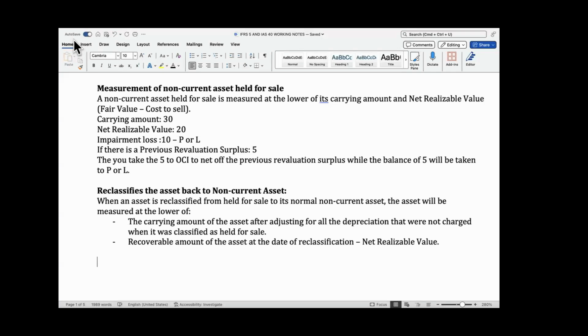Please, I just want a clarification on reclassifying the asset back to non-current asset. I was thinking one can depreciate an asset when the usefulness is flowing back to the organization. Now the organization has not used that particular asset, say an apartment, or any other asset, because it is a non-current asset.